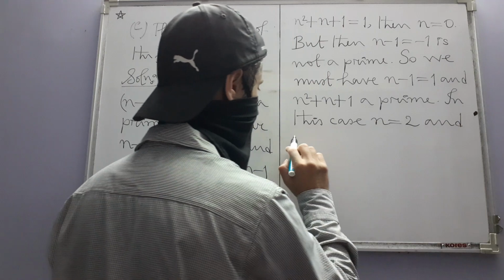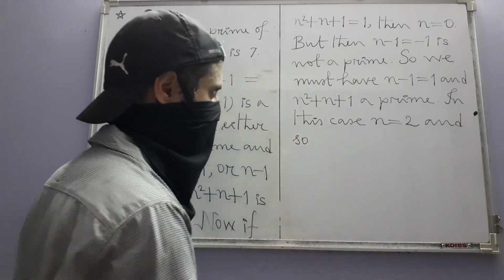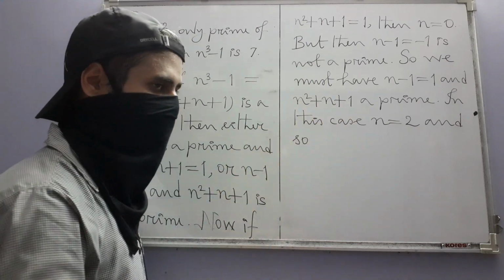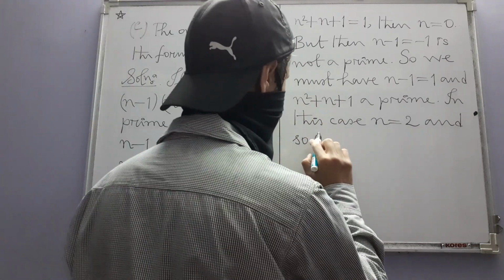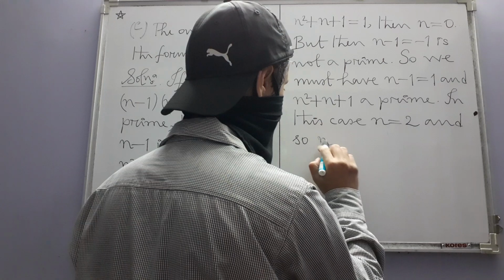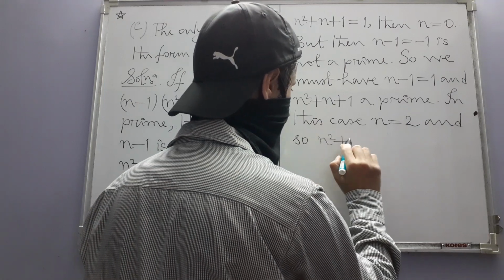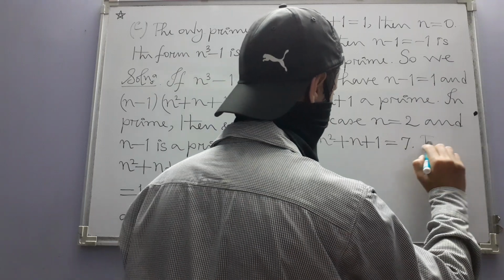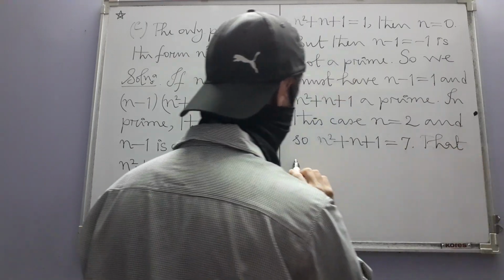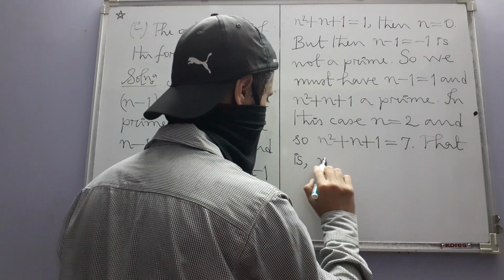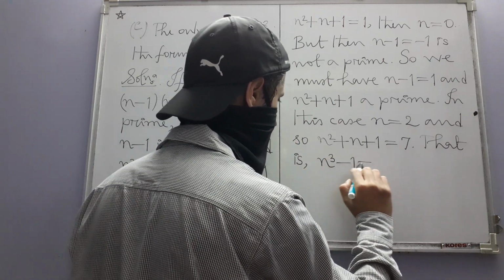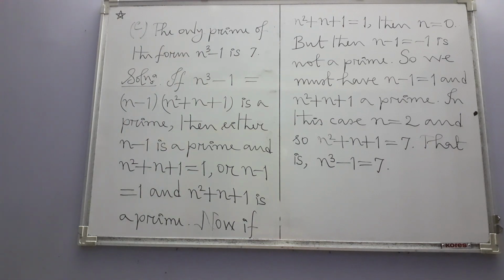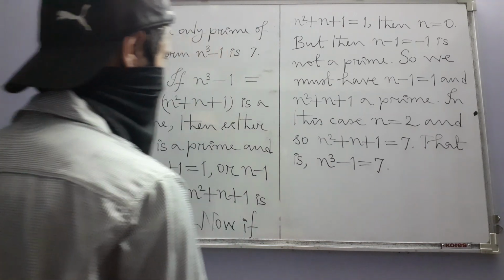And so what is n square plus n plus 1? 4 plus 2 plus 1, 7. See? So that's how we have settled this.